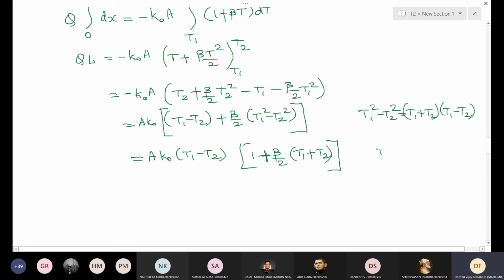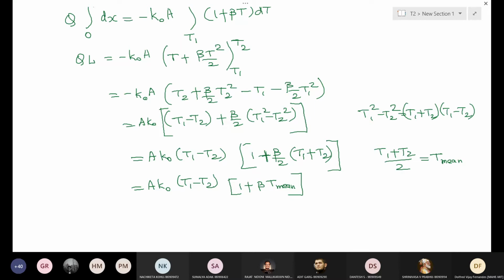Now tell me, what is this T1 plus T2 by 2? This is nothing but the arithmetic mean of the surface temperatures, left surface and right surface temperatures. So simplify this one to write A K0 T1 minus T2 into 1 plus beta into T mean.